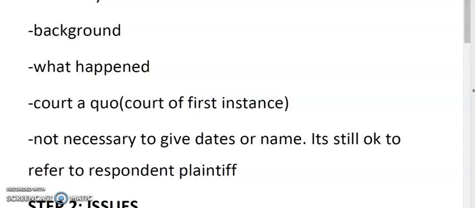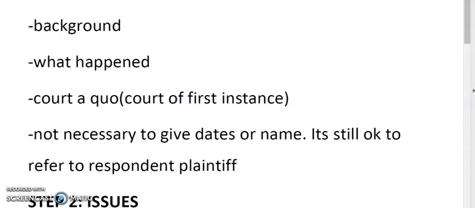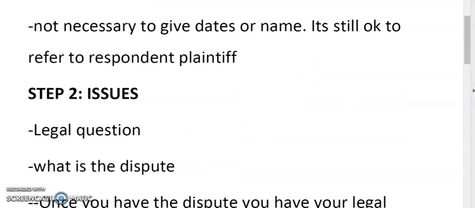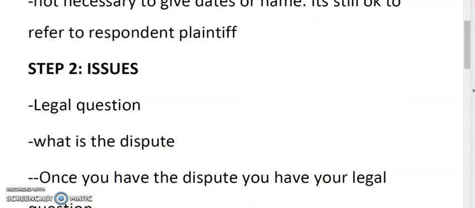From the high court, it went to the Supreme Court of Appeal. From the Supreme Court of Appeal, it ended up at the constitutional court. So you involve all these things in the facts. It's basically the background. What happened? Don't give us dates. Don't give us names. You can still refer to everyone involved as respondent and plaintiff. As easy as that.